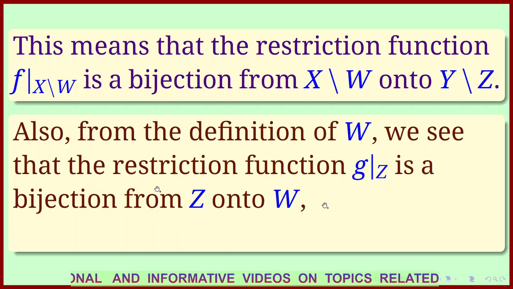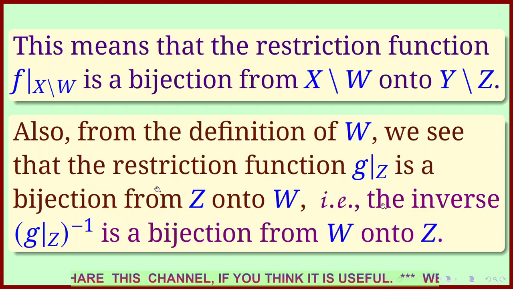Because g is also given to be one-one, and w is the image of z under g. Therefore z and w are bijective to each other under this bijection. That is the inverse.